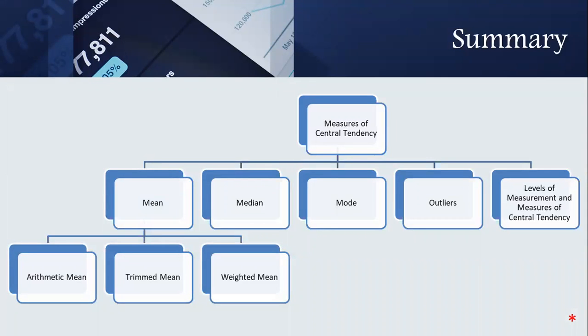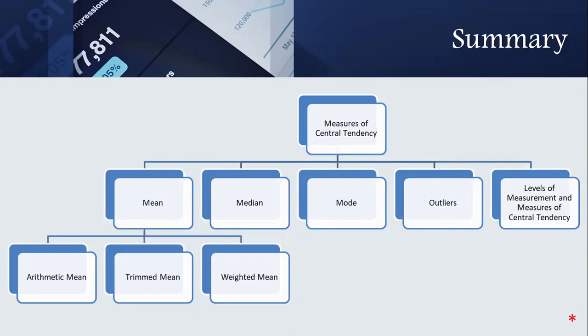So in summary, in this video, we have discussed measures of central tendency, which include mean, median, and mode. We've also discussed the three different types of means, which include arithmetic mean, trimmed mean, and weighted mean.